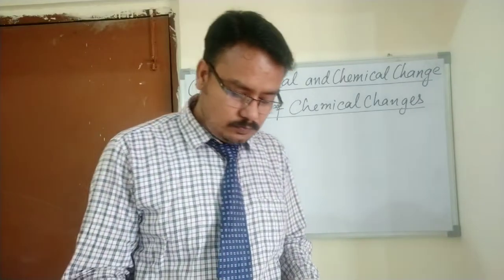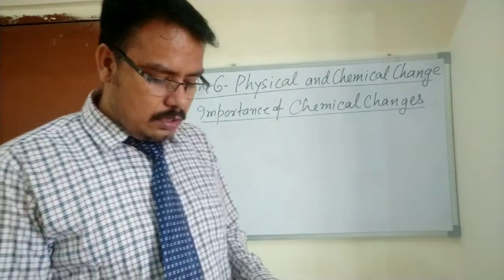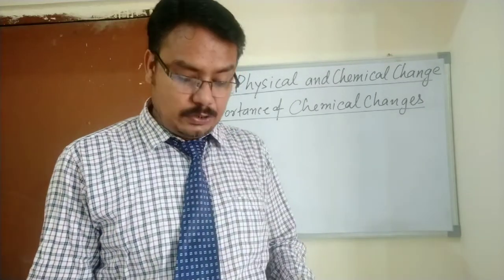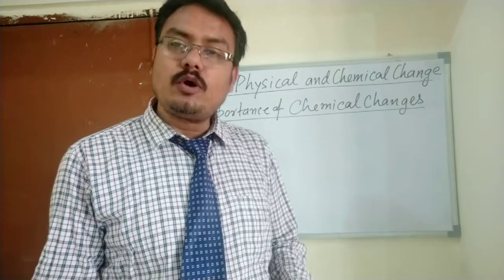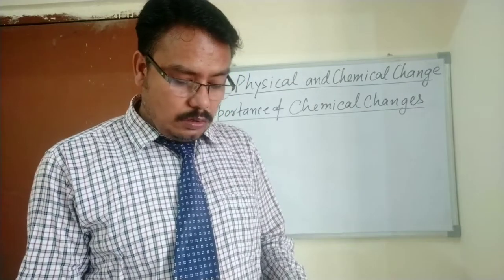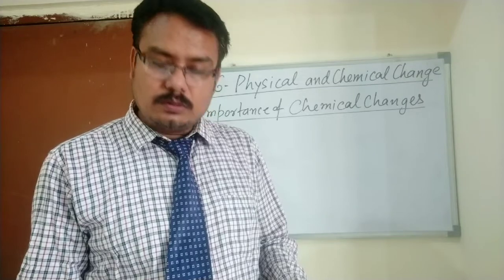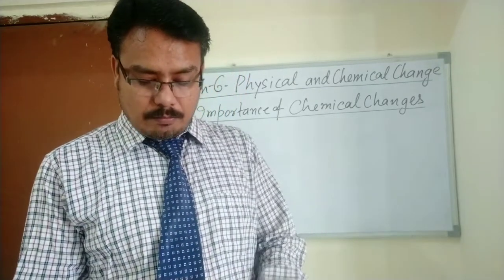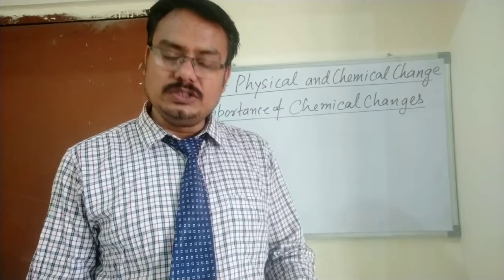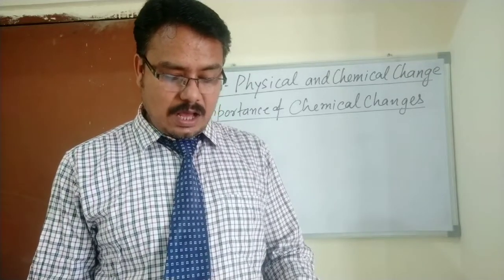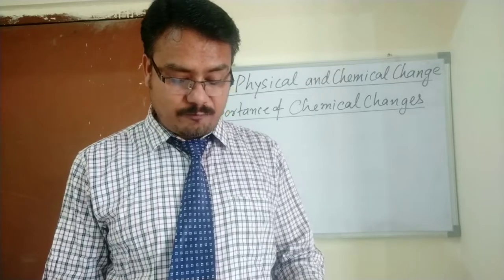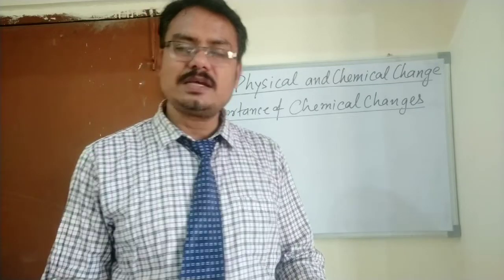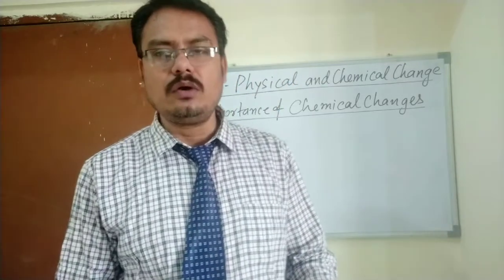Now students, the importance of chemical changes that I have just explained to you. Chemical changes are very important in our life. All the new substances which we use are produced by a chemical change. Metals are extracted from their ores by a series of chemical changes.